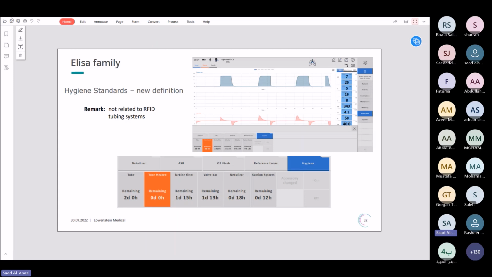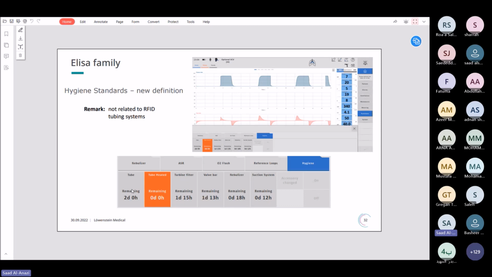So we have a new standard here, hygiene. You can select all the accessories or all the types that you have to change: suctioning system, nebulizer, tube, circuit. You just need to select the date or apply the guidelines that you have in your hospital. For example, the tube after 30 days: just select the circuit tube for the patient ventilator after 30 days.